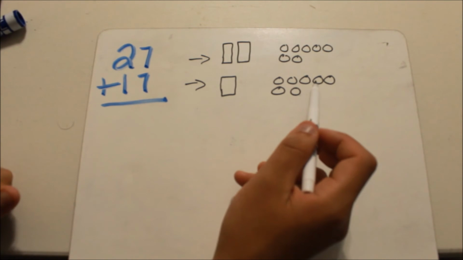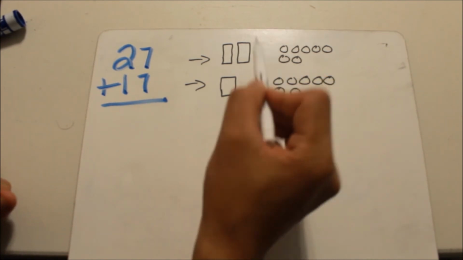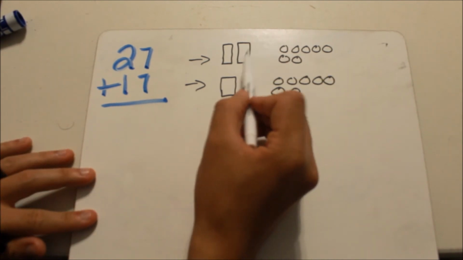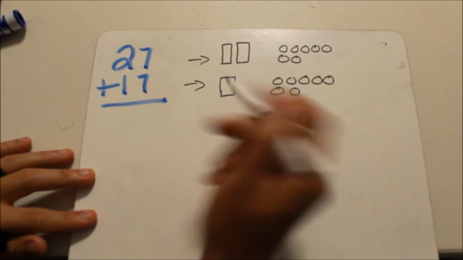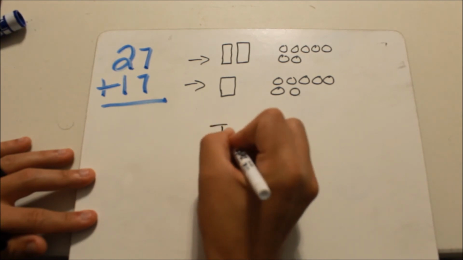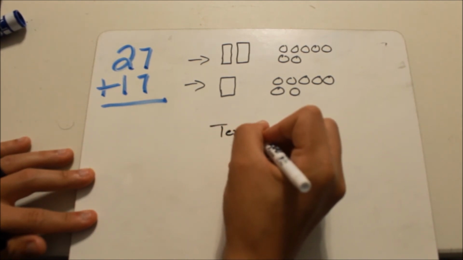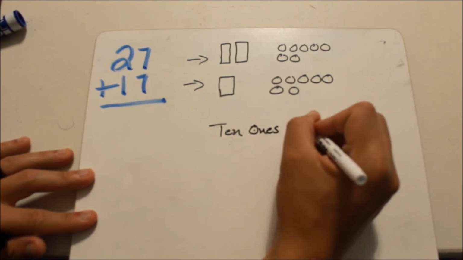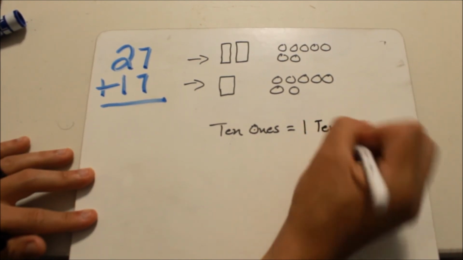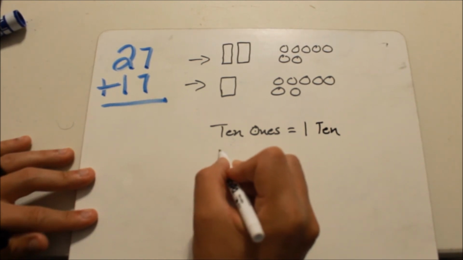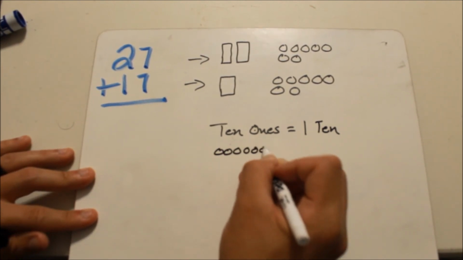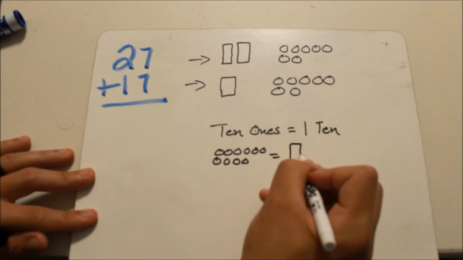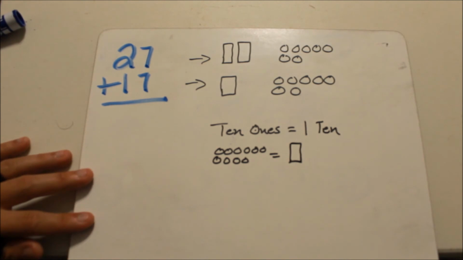Now what I have to do, since I'm adding, is I need to put these 7 and 7 together. But how many ones does it take to make one 10? Well, it takes 10. 10 ones equals 1 ten. Or another way to see it is 1, 2, 3, 4, 5, 6, 7, 8, 9, 10 equals one of these.